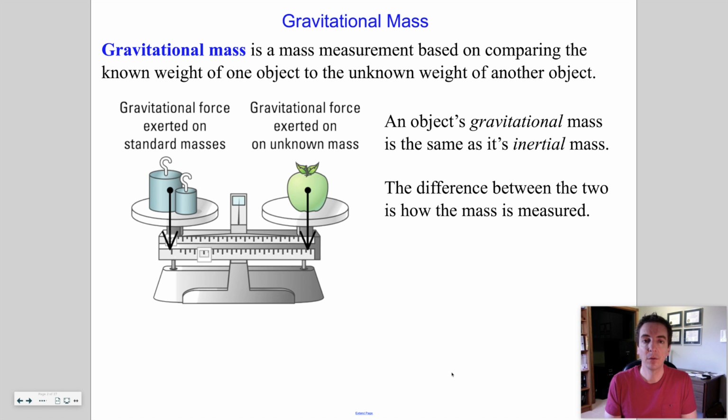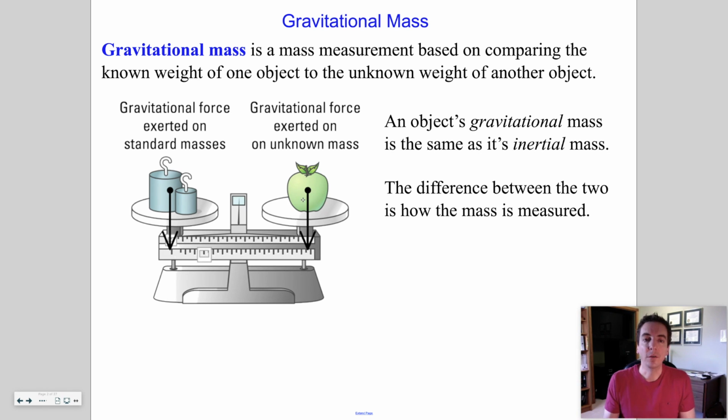So one of those old-fashioned balance scales there, measuring the mass of an apple. So let's say you've got your standard masses there, 100 grams and 50 grams, so you've got 150 grams there. And if it balances out with the apple on the other side of the scale, then we are saying, oh, well, the mass of the apple must be 150 grams.